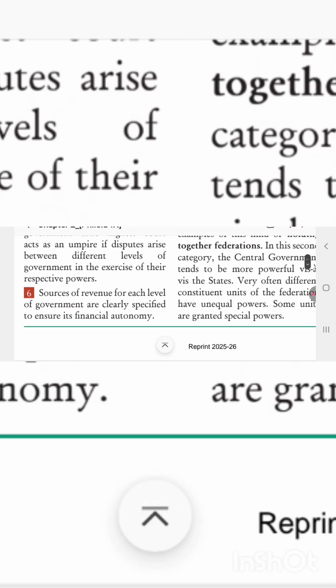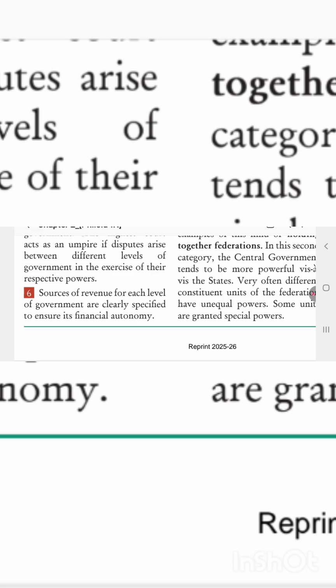Now come to the sixth point. The sixth is that the sources of revenue for each level of the government are clearly specified to ensure its financial autonomy. What does it mean? In order to run a state or country, each government needs money, whether it is the local level government, state level government or central government. They need money to run the country efficiently, for establishing schools, colleges, or mainly for infrastructure. So from where do they get money? From taxation. For taxation, each and every level of government has specific sources of revenue.